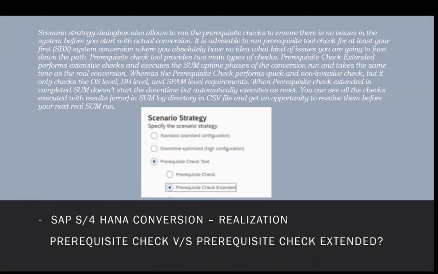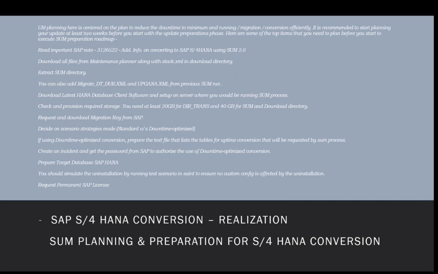So we can use the prerequisite check option, which will give us the errors pre-detected beforehand. This slide is basically important for the basis consultants, and they will run the prereq checks, and it will generate a CSV file report, and this report will be shared with the functional and ABAP team. Then they can analyze all the things.